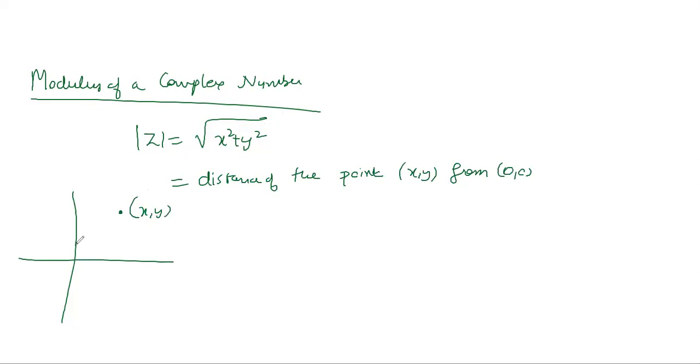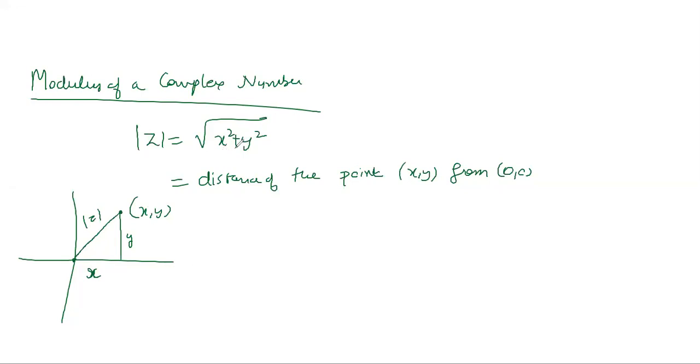So this is x comma y. So this, we know, is the origin. So the distance from here will obviously be mod z, which is square root of x square plus y square. Everybody knows that this is the way you calculate the distance. So this is your y, this is your x. So this is going to be square root of x square plus y square, and this is the modulus of a complex number. So the modulus of a complex number is a real number.